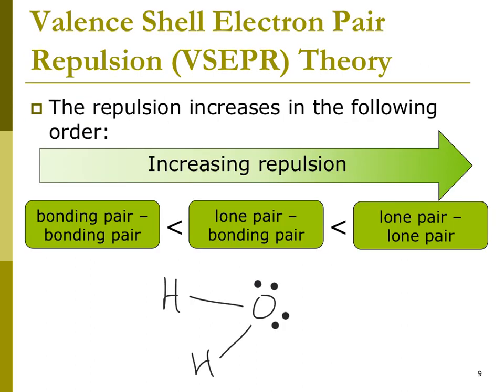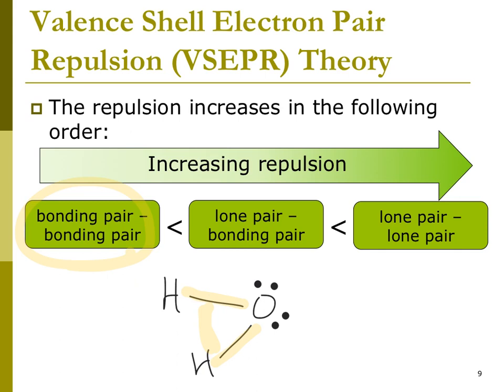So let's start comparing these differences, starting with 2 bonding pairs and the repulsion between them. Bonded electrons would be represented as dashes in the Lewis structure. So when you're looking at the repulsion between the 2 hydrogen-oxygen bonds, that repulsion is the weakest of our 3 options.